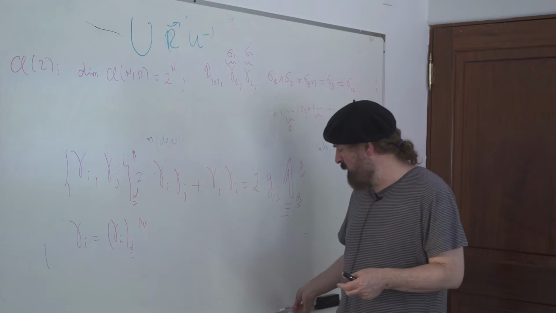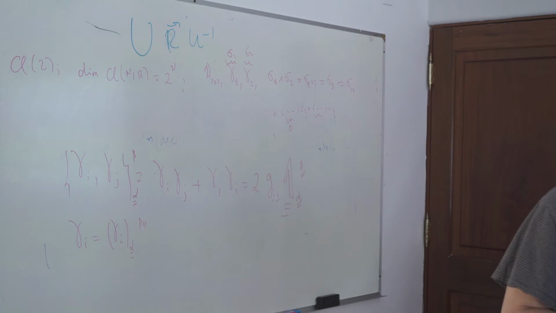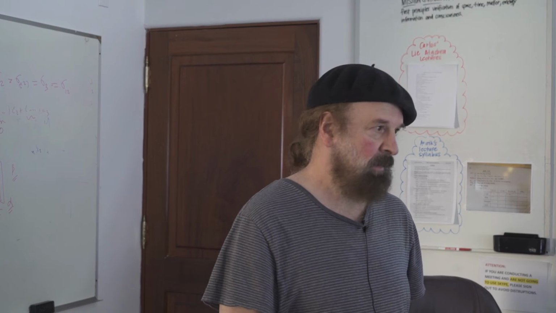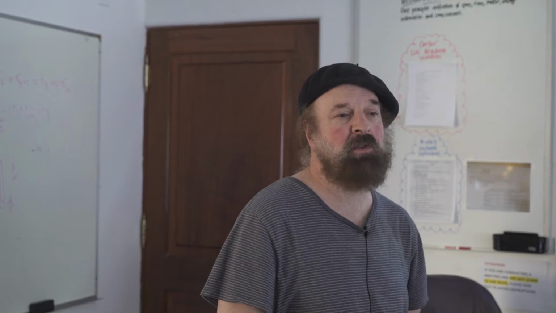In one of the lectures I'll be presenting, I'll be writing the commutation relations of all the Clifford generators, the bivectors, the trivectors, the four vectors, and you will see how powerful it is when you know the algebra without knowing the matrix representation, because there's an infinite number of them.